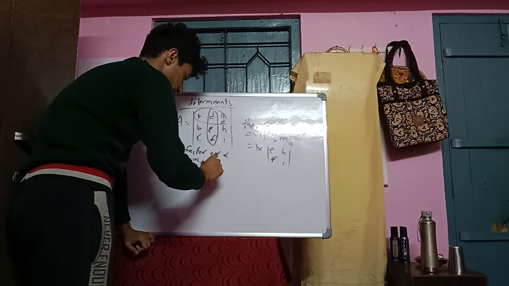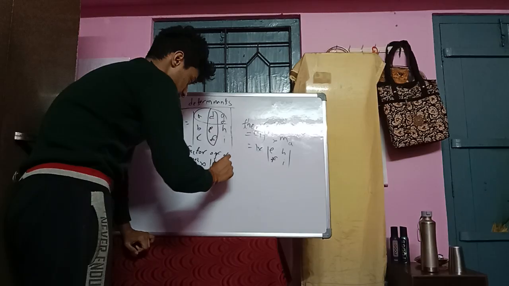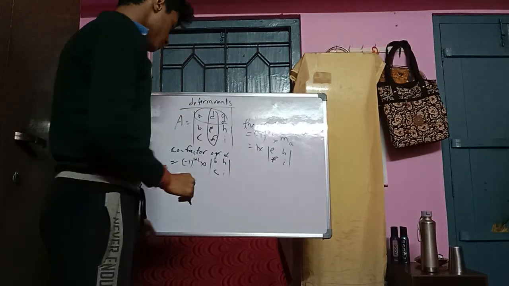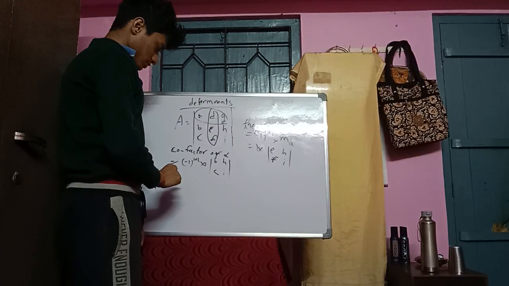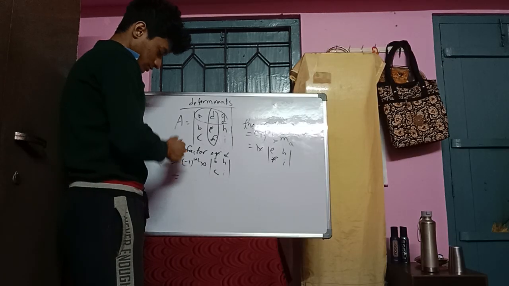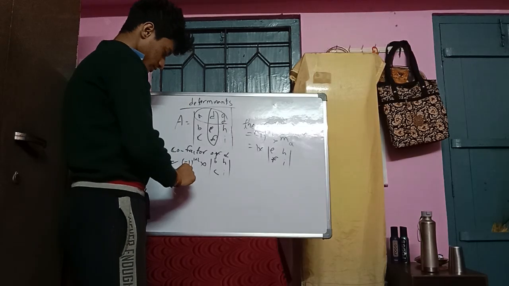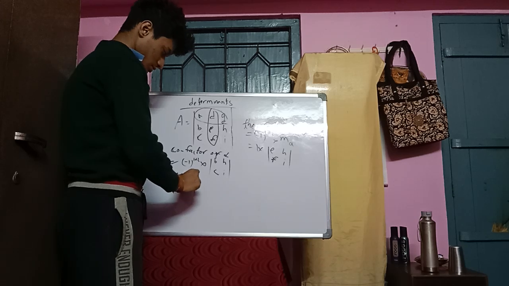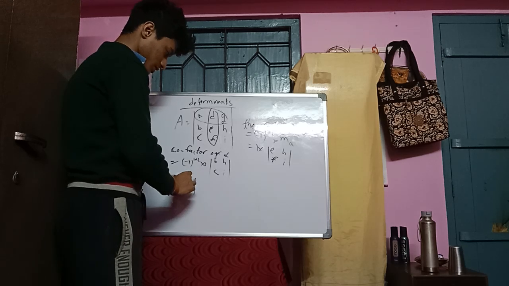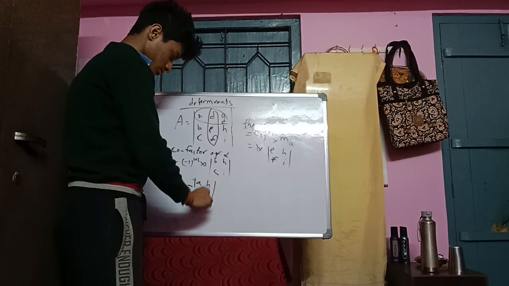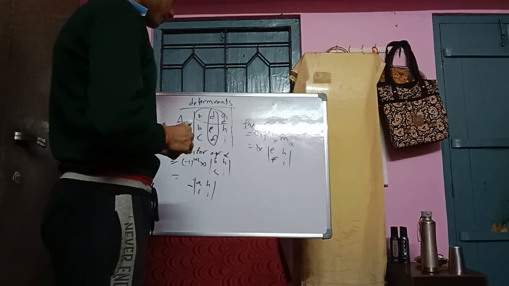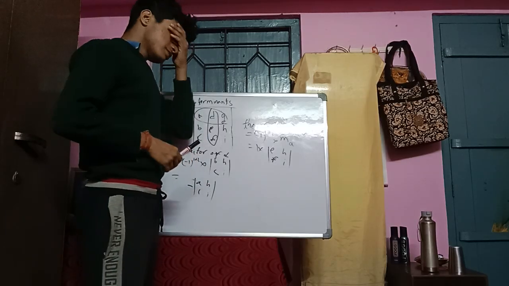So this determinant would look like B, C, H, and I. Okay? So this would just give us -1 to the 3, so this would just be minus times this determinant A, C, H, I. Okay? As simple as that.